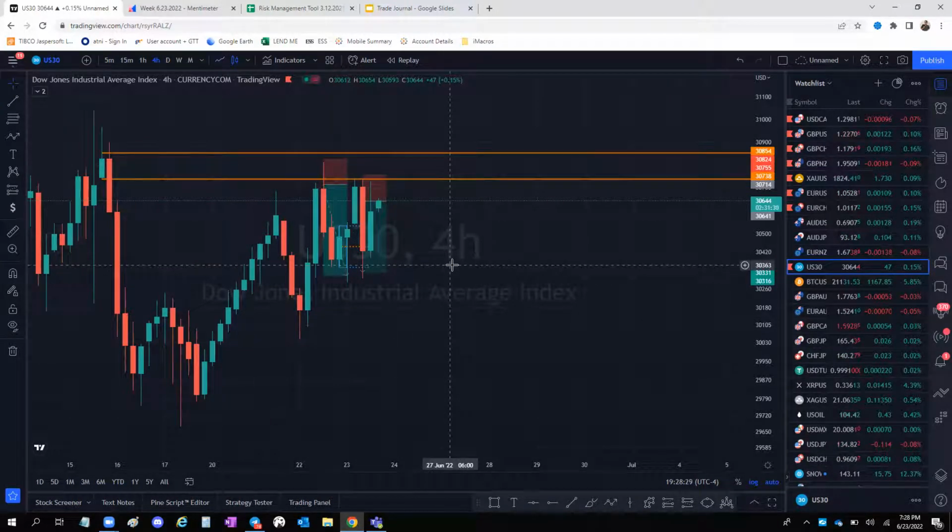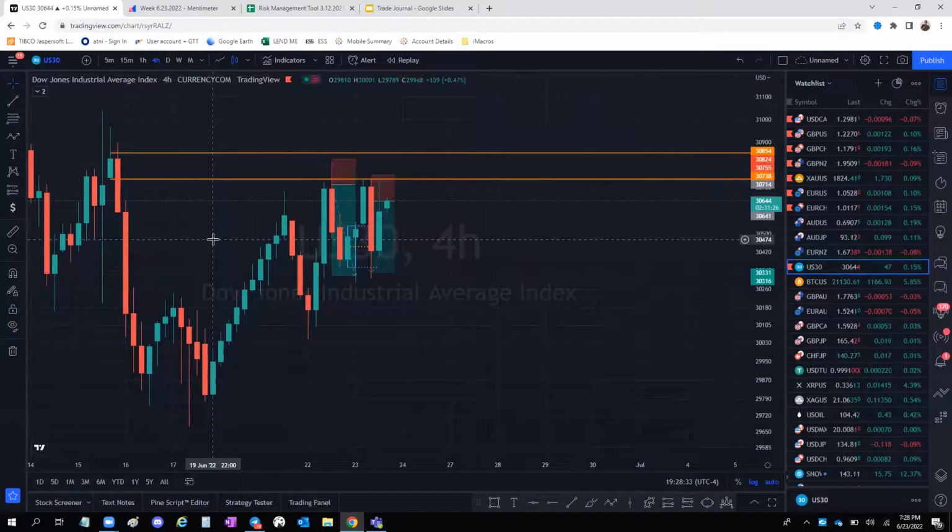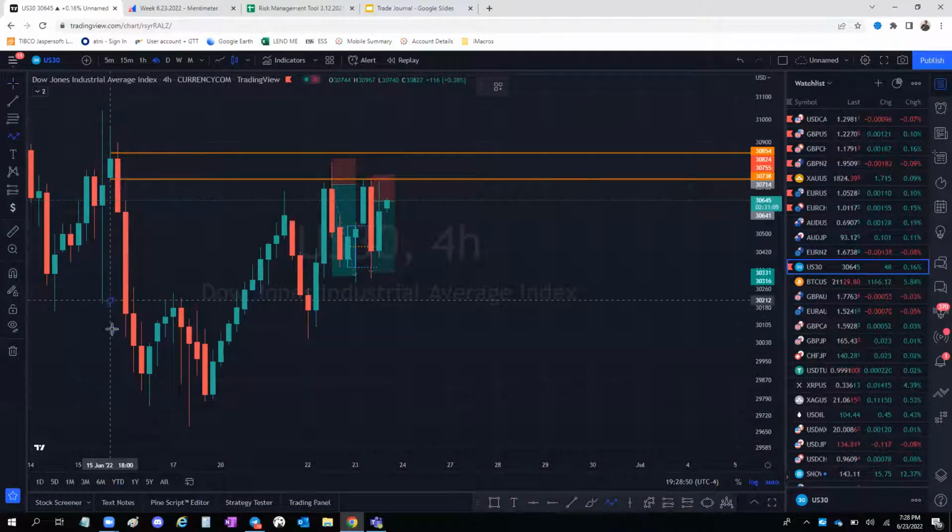Overall bias on this is bearish. I'm not too clear about where we are in the cycles, and I'm comfortable with that. I'll put in some more work and see where I am with it. But so far, what I have is overall bearish, and then I looked at this as a bearish order block. So looking to take an entry there. We could also now look at this in terms of levels and cycles.